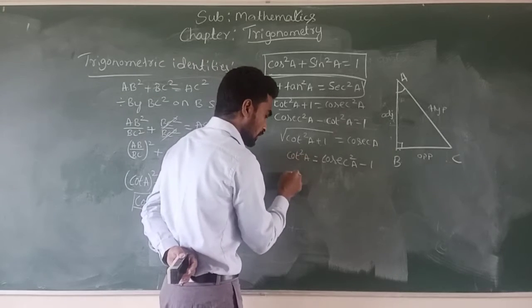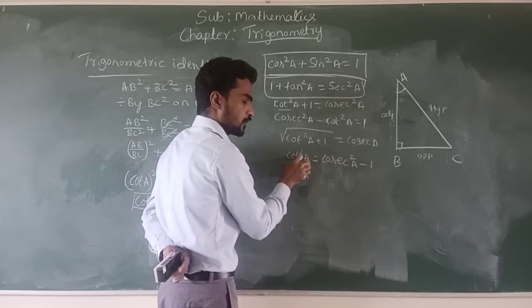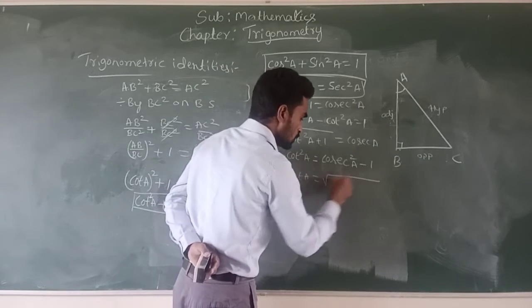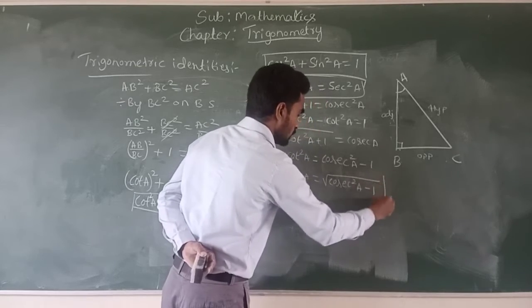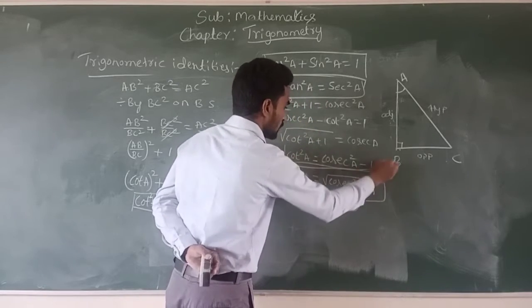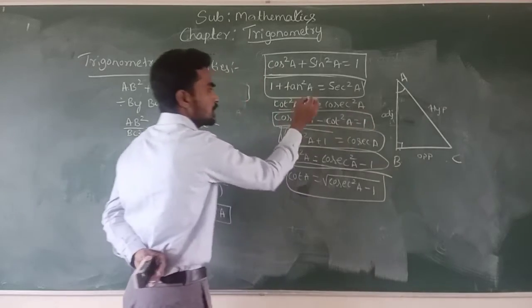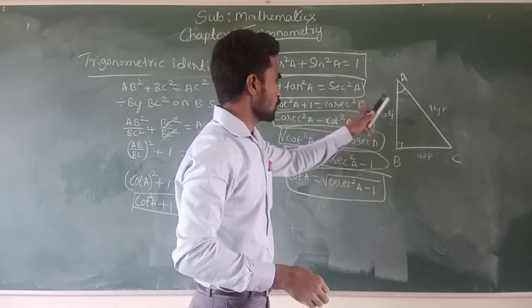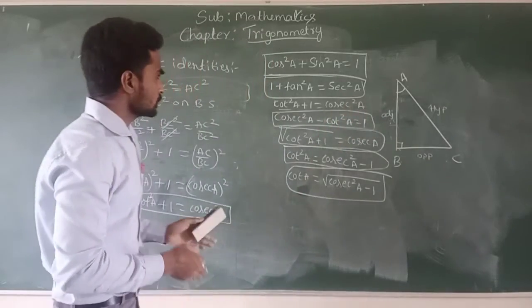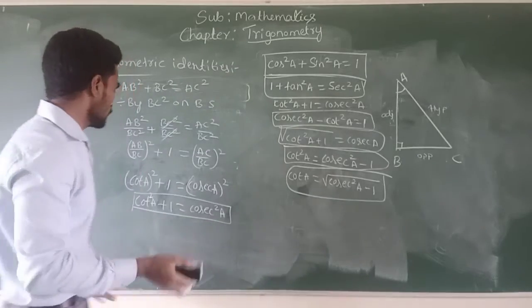Taking square root on both sides, the square root gets cancelled on the left, and we get cot A is equal to square root of cosecant square A minus 1. These are also sub-identities obtained from cot square A plus 1 is equal to cosecant square A. These are the trigonometric identities.